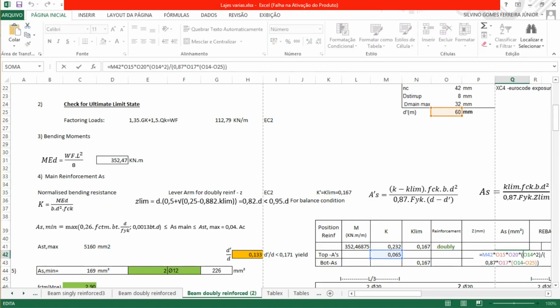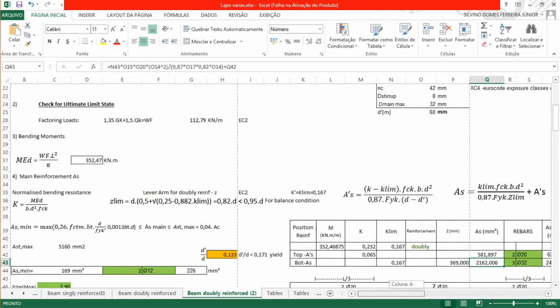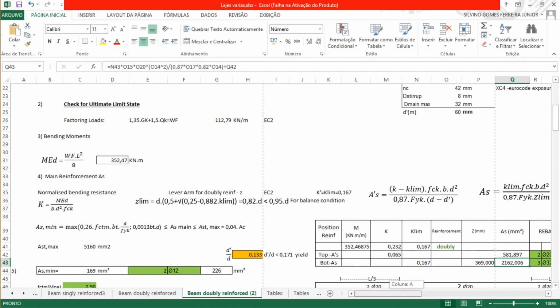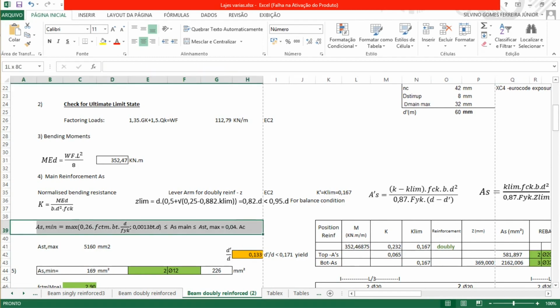When we get this, we have to later check the minimum and the maximum steel that we can use, and it's given by this expression. Of course, in the Eurocode this information is dispersed. Here I have it compact.